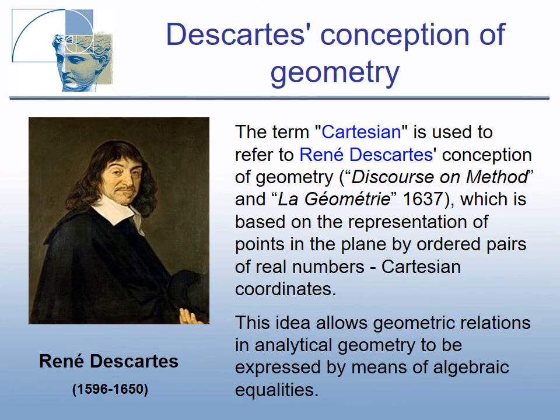The term Cartesian is used to refer to René Descartes' conception of geometry. The French philosopher introduced it in 1637 in his works, and it is based on the representation of points in the plane by ordered pairs of real numbers, so-called Cartesian coordinates. This idea allows geometric relations to be expressed by means of algebraic equalities in analytical geometry.